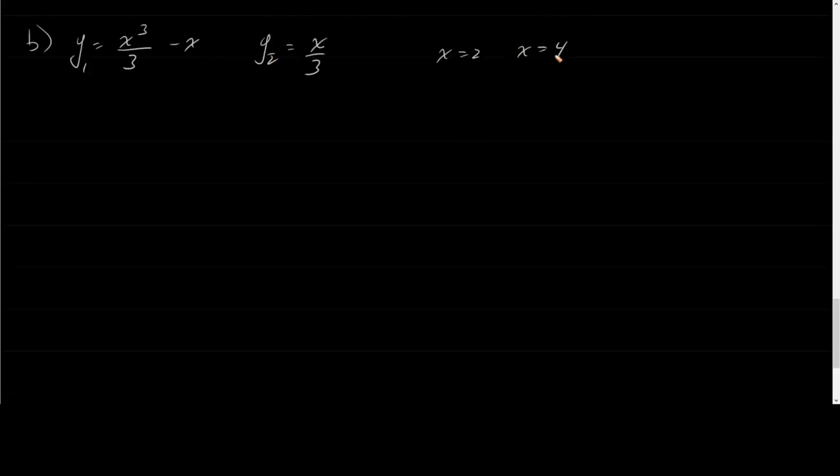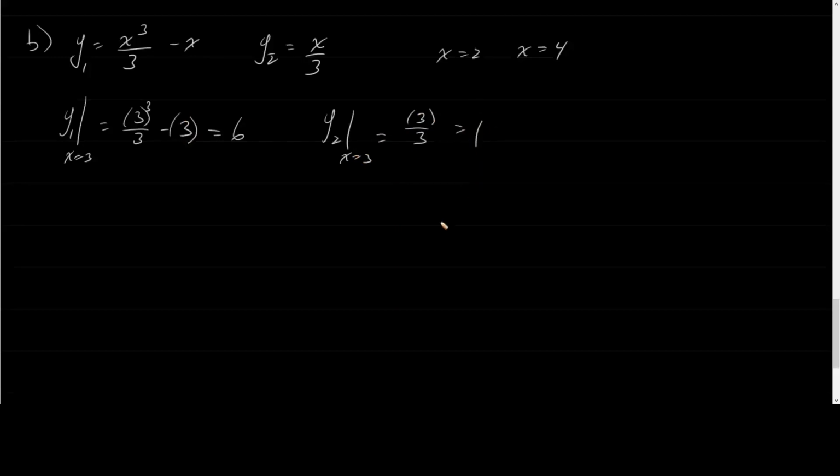So let's plug in 3. I'm going to evaluate y sub 1 at x equals 3, and I end up with 3 cubed over 3 minus 3. That's 27 over 3, which is 9, minus 3 is 6. If I evaluate y sub 2 at x equals 3, I end up with 3 over 3, which gives me just 1. So again, y sub 1 is bigger in this case.